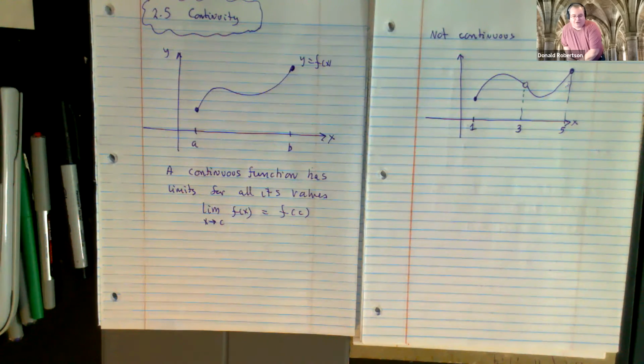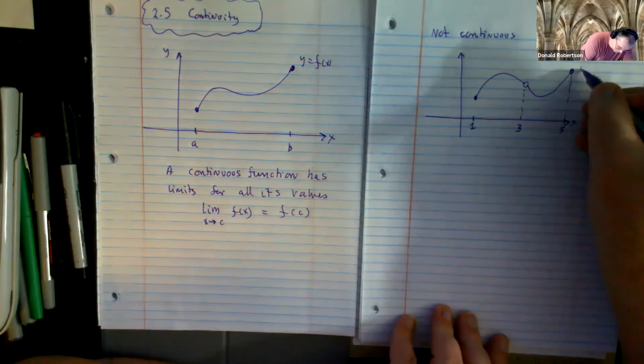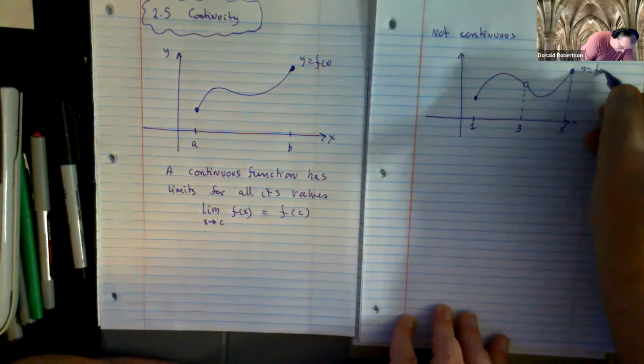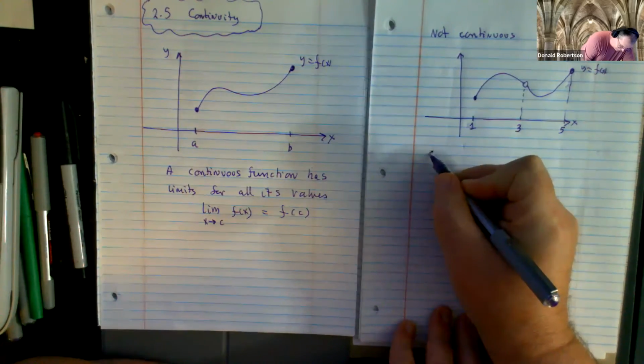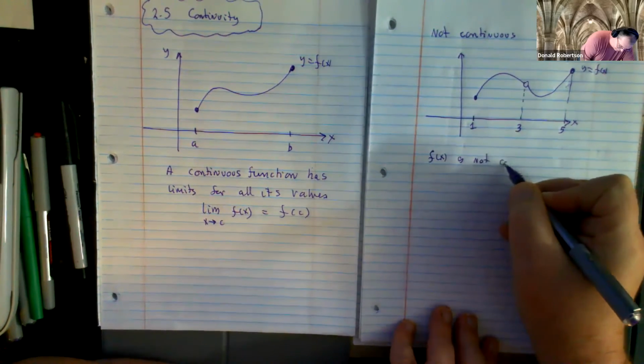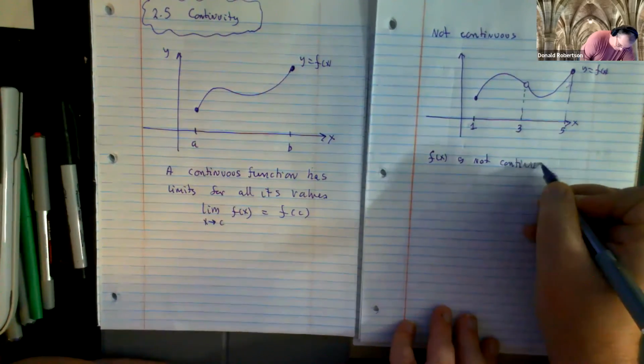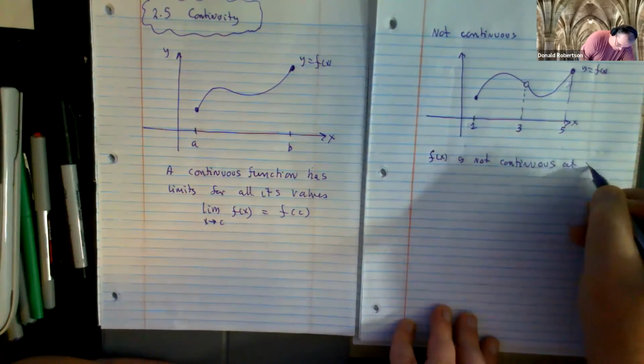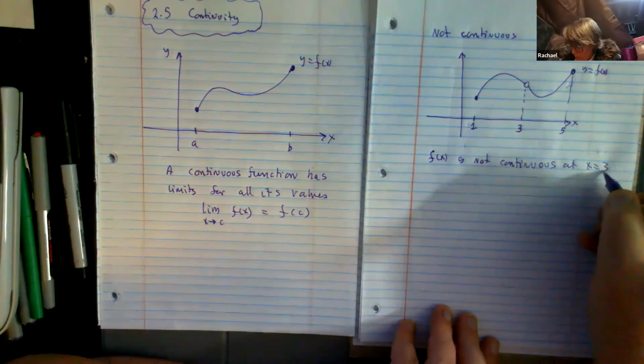That is discontinuous, right? So this function, f of x, is not continuous at x equals 3. And you might say, why not?